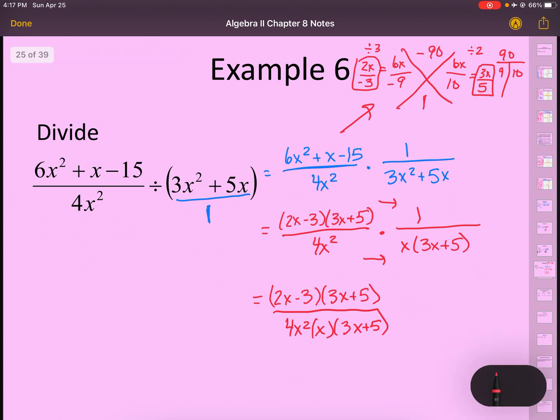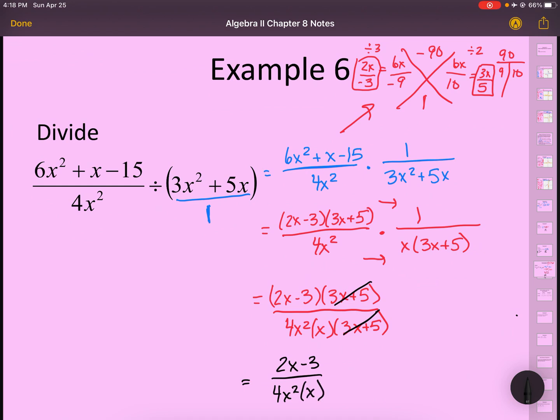And again, if we go trying to see if we can cancel some stuff out that's in the numerator and denominator, the 3x plus 5s cancel out, so we're left with 2x minus 3 all over 4x squared times x. But I can combine those x's. So that's 2x minus 3 all over 4x cubed, where x squared times another x makes it to the third power. So here's our simplified version of these two rational expressions being divided by each other.